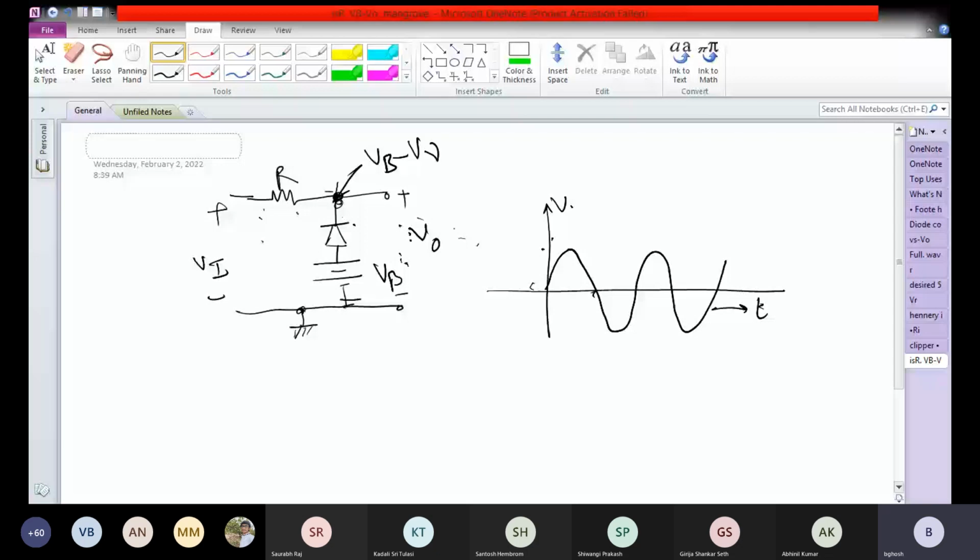Now, if the diode is on, mark this, if the diode is on, the voltage at the point X cannot fall more than VB minus V gamma.